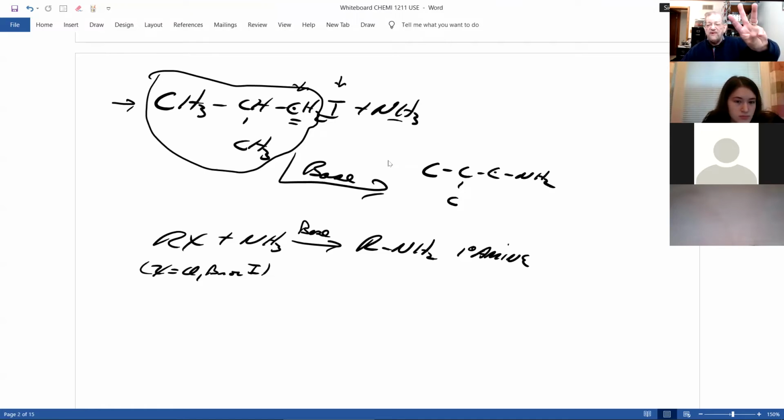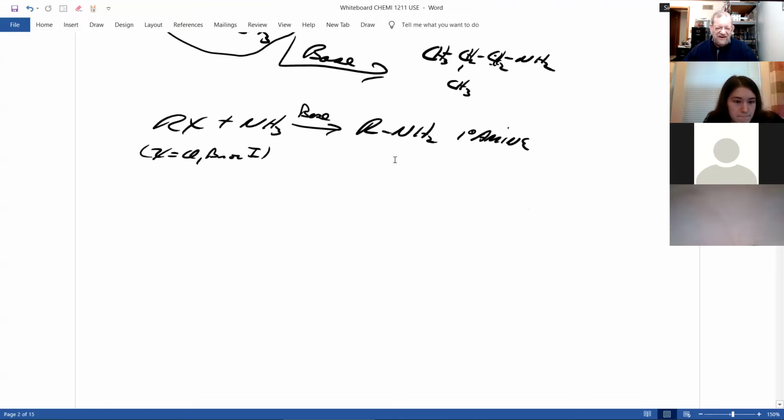Remember, there's 3 bonds to nitrogen, and I know there's 4 bonds to carbon. The NH2 group counts as a group, so this carbon has 2, 4 minus 2 is that. And that's how you do it.